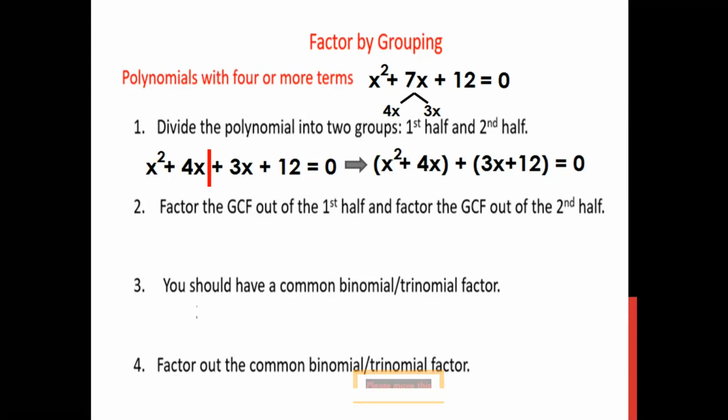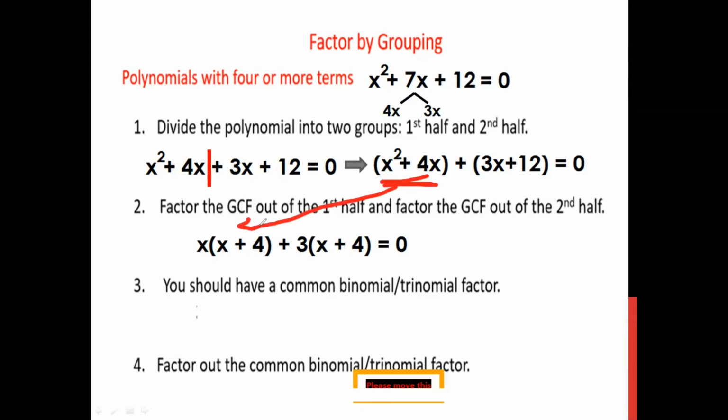Then using the greatest common factor, factor the first half and second half. So the factor of x squared plus 4x is this. Then the factor of 3x plus 12 is this.